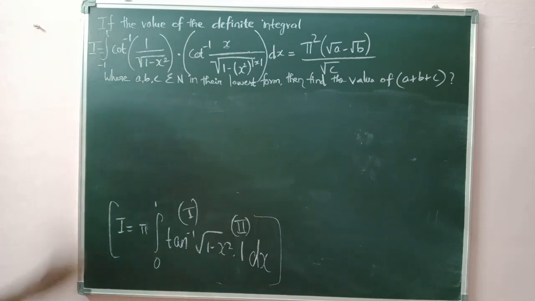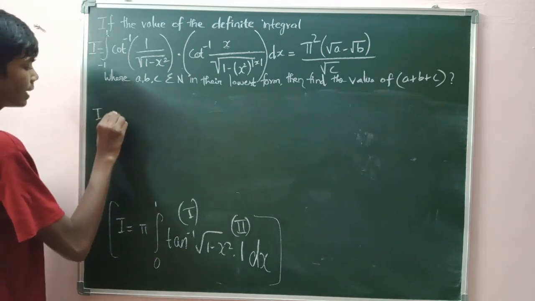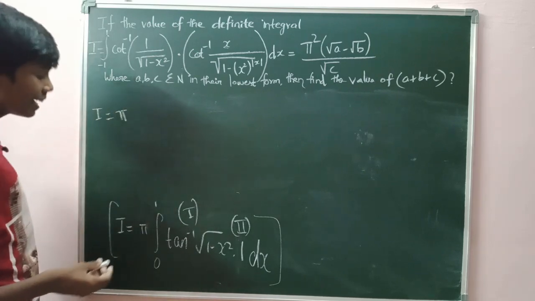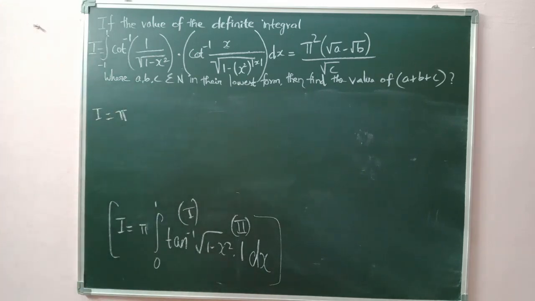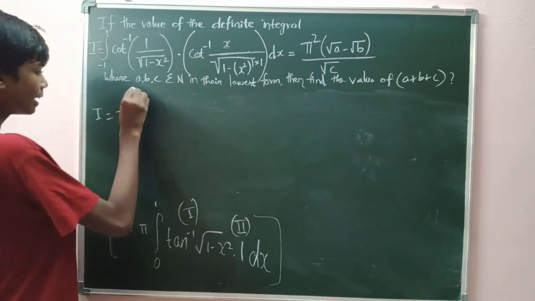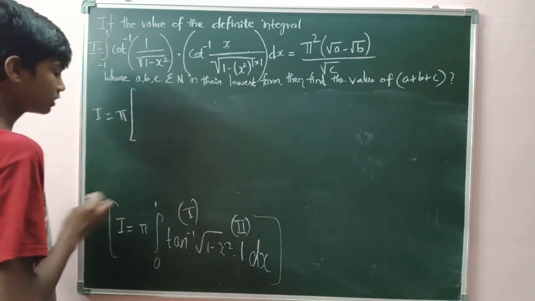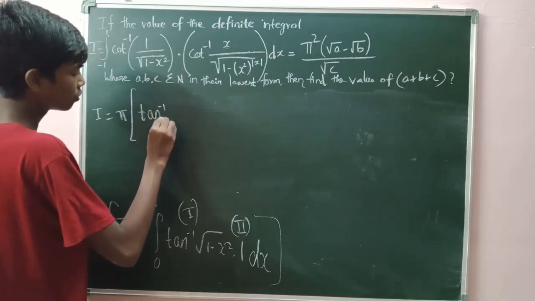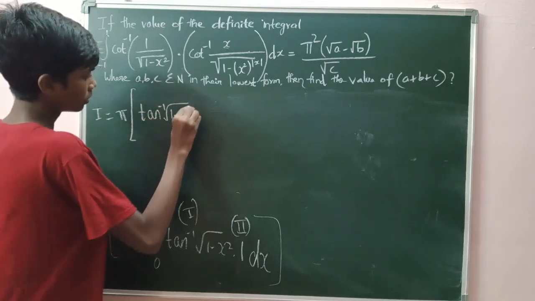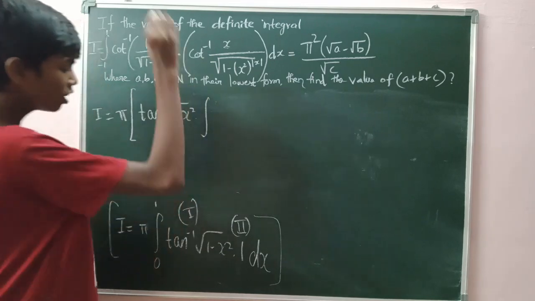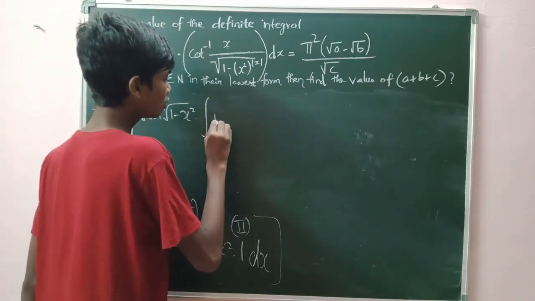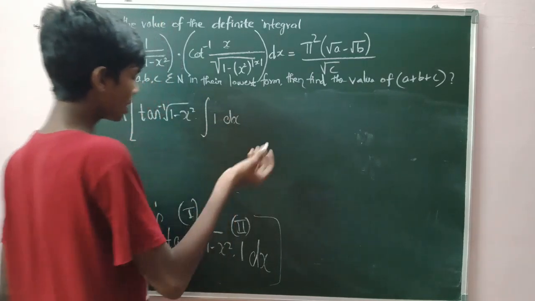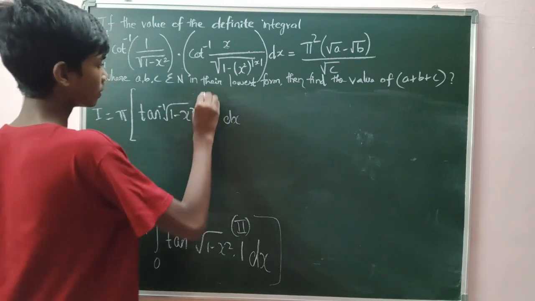So therefore, using by parts, I can write this as pi times of, listen to me very carefully, because this is very important. Using by parts, I can write it as first function, so first function is tan inverse of root of 1 minus x square times integral of your second function, that is integral of 1 dx, and the limits will be from 0 to 1.